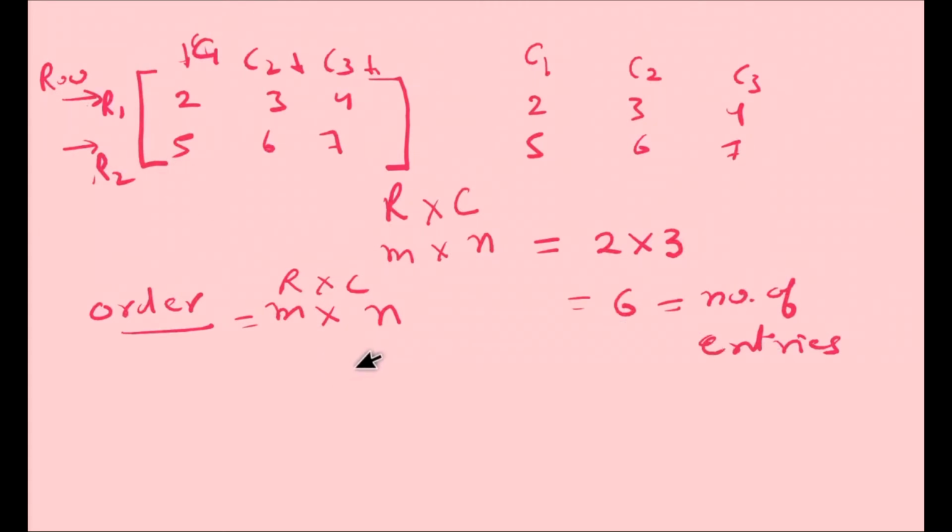So what is the row and what is the column, you should understand from this figure. Are you understanding? What is the order? Number of rows into number of columns. When we take the product, this tells the number of entries. Order is this one.